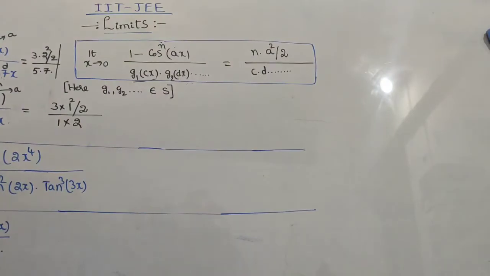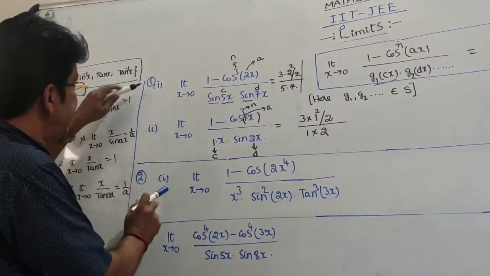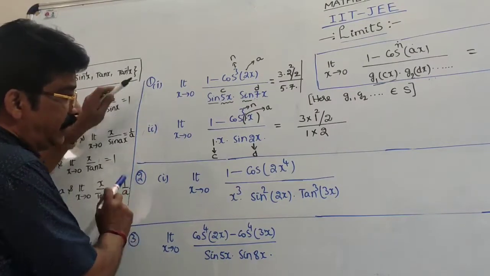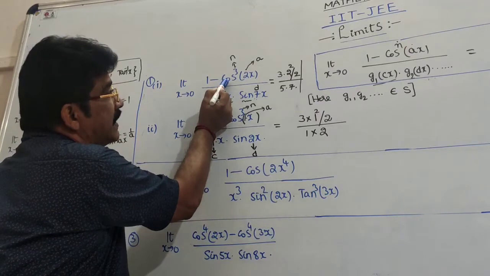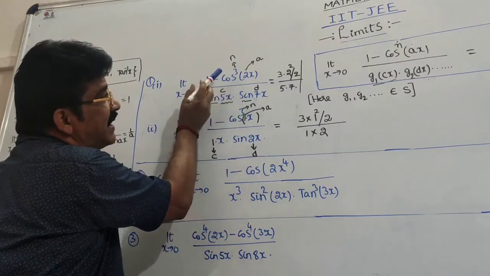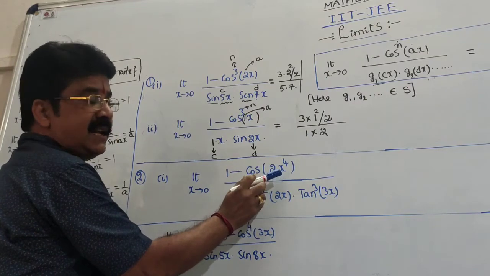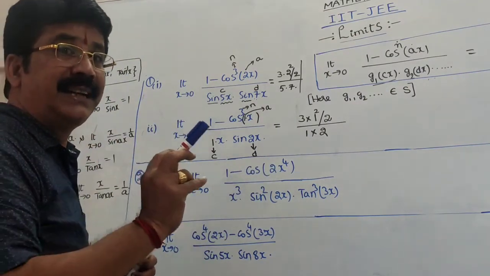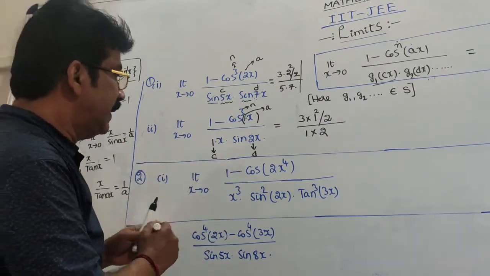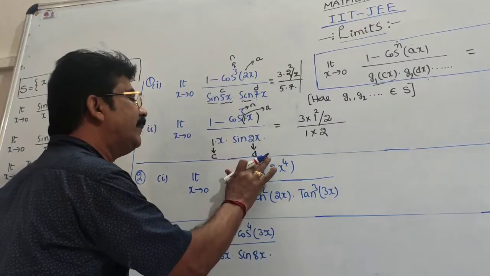You observe the difference between these two, number 1 and number 2. Where is the difference? Here the cos function contains the exponent 3. Here, in the angle, x will contain the exponent, and that degree is 4. That is the difference. It is not cos to the power of 4. It is different.